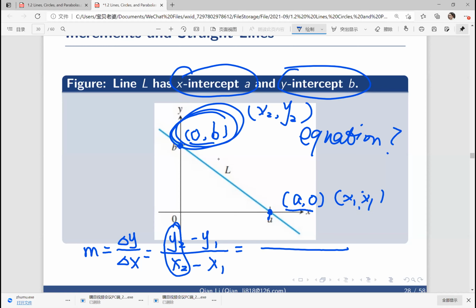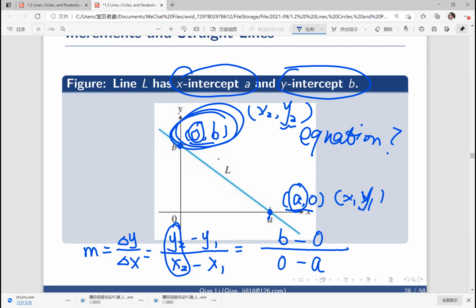So y sub 2 is b, minus y sub 1, which is 0, and x sub 2 is 0, minus x sub 1, which is a.